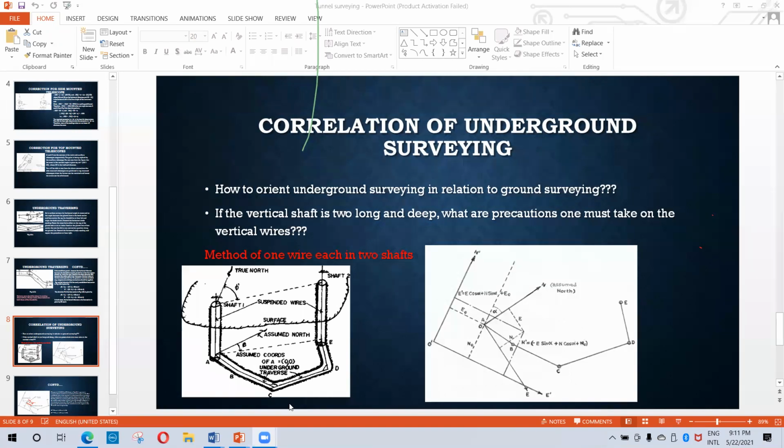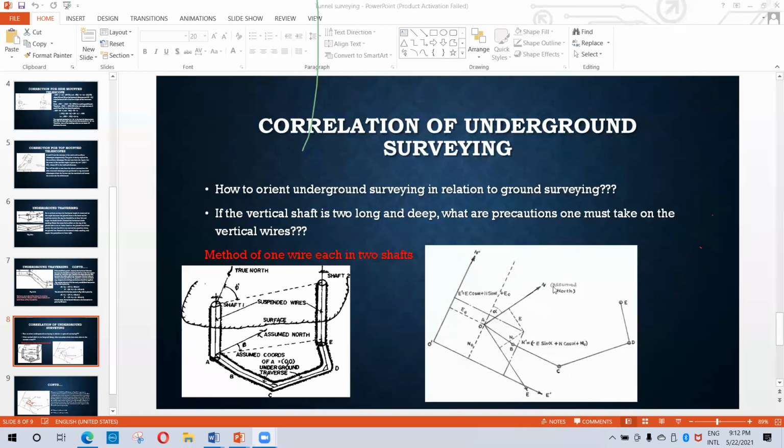Now, let's talk about this method. The general survey is similar to what we do with the assumed north. Then after calculating the coordinates of the system, you can simply convert it using a conversion method. Let's say this N dash and E dash represents the real coordinate system, the real bearing.